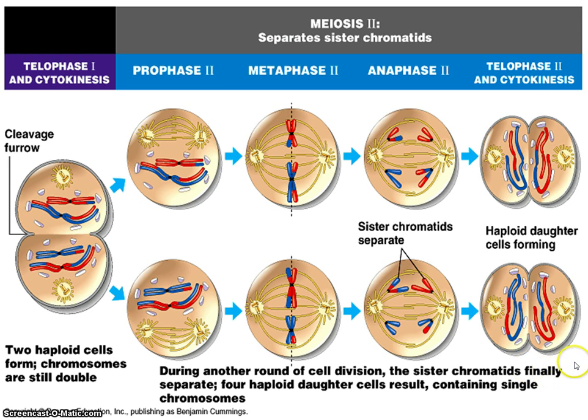They are genetically different because of the crossing over, because of independent assortment. We're going to look at that in a little more detail in a minute. And they are haploid, which means they only contain 23 chromosomes. So 23 chromosomes here, 23 here, 23 here, 23 here.